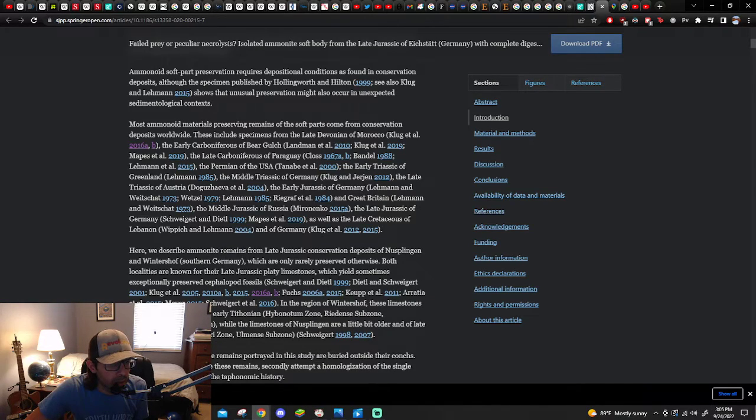Southern Germany. Late Jurassic limestone. Which is also when the Alps were being pushed up by Africa being pushed into it.